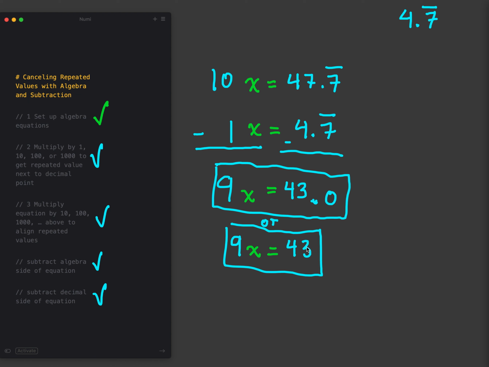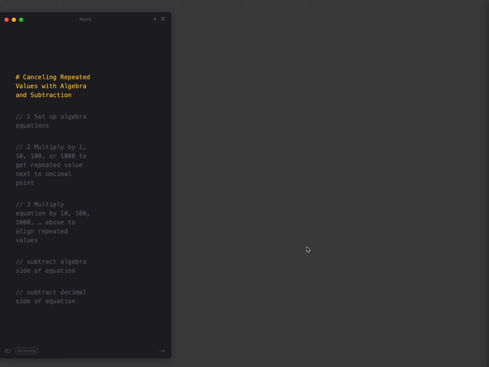Okay, we're going to look at two more examples now just to give the different flavors this kind of algebra and subtraction cancellation can have. So let me delete this off the screen. And let's try again with another repeating decimal value, 2.08 repeated.